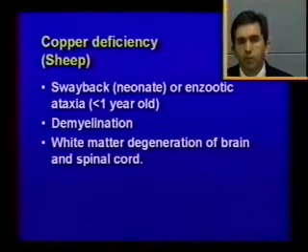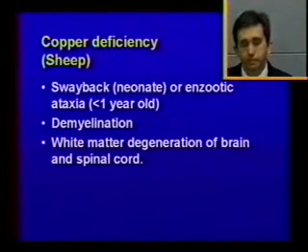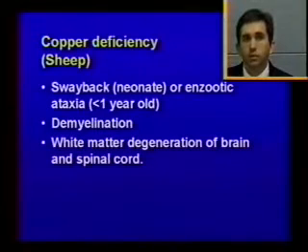One other aspect of copper metabolism that is important in neurological disease is seen in sheep. Copper deficiency in sheep causes a condition known as swayback, or enzootic ataxia. Both of these are caused by copper deficiency, and copper is known to be very important in the maintenance of normal myelin structure within the spinal cord.